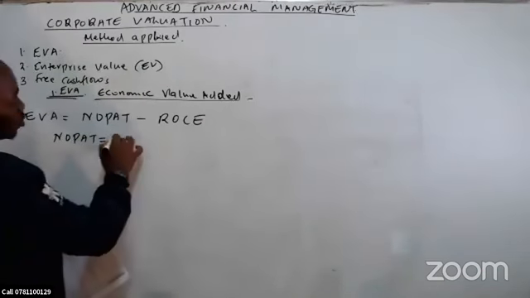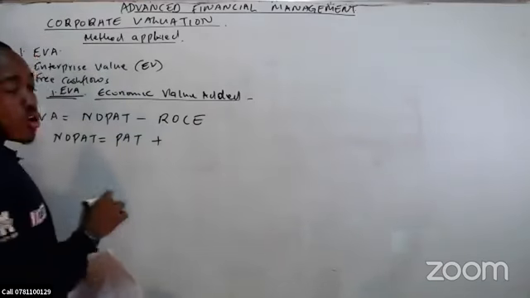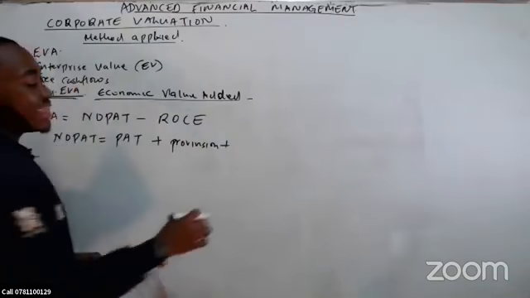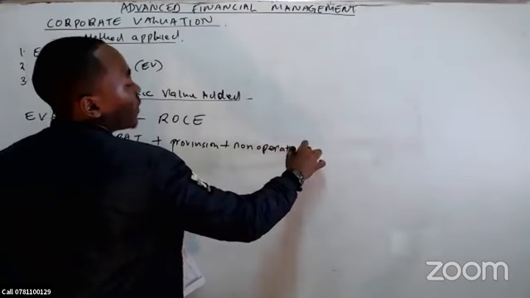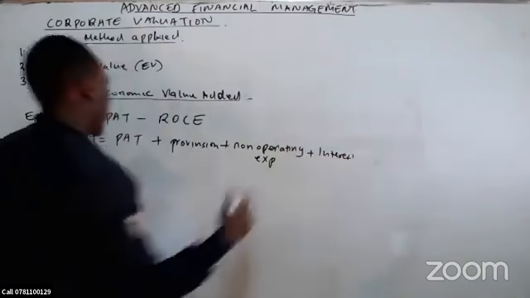You take the profit after tax, then you add back all the provisions, or what we call the non-cash, non-operating expenses, and also you add back the interest.